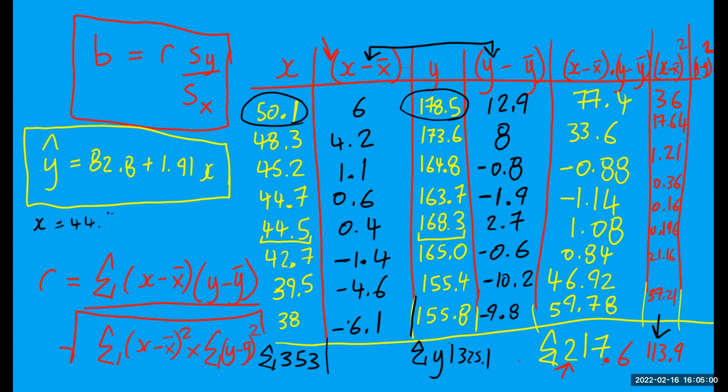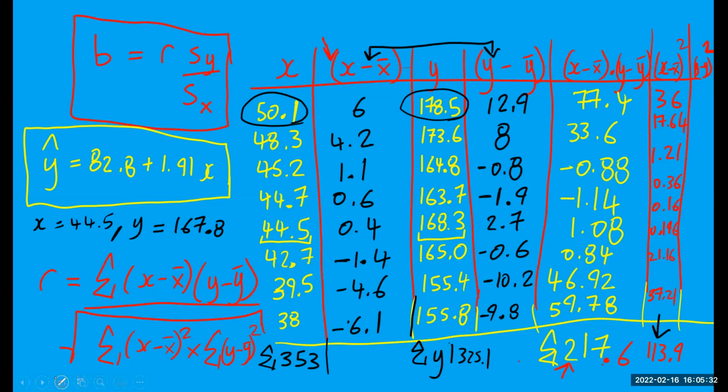You get that the y value would be 82.8 plus 1.91 times 44.5. Notice that that y value would give you 167.8, which is roughly the 168.3, right? It's an estimate. The line of best fit won't give you the exact y values, but it's going to estimate a close y value for almost every x value you can input.